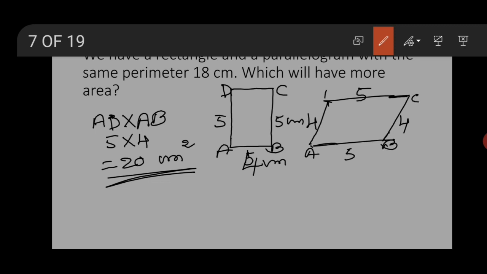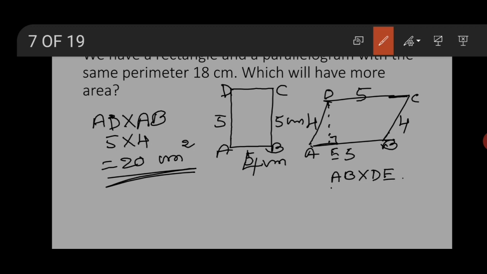Now ABCD is a parallelogram. Draw a perpendicular to the base AB. Let it be DE. Now area of the parallelogram is given by base into height. So AB into DE.